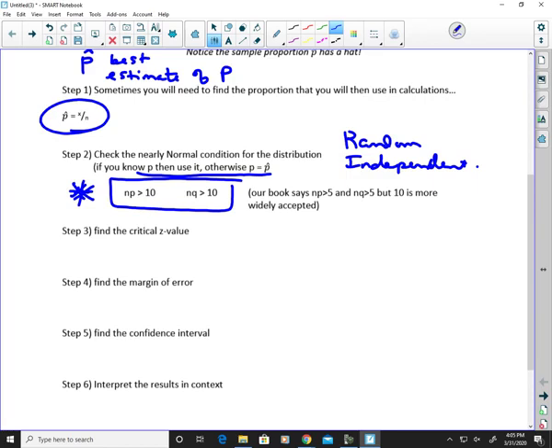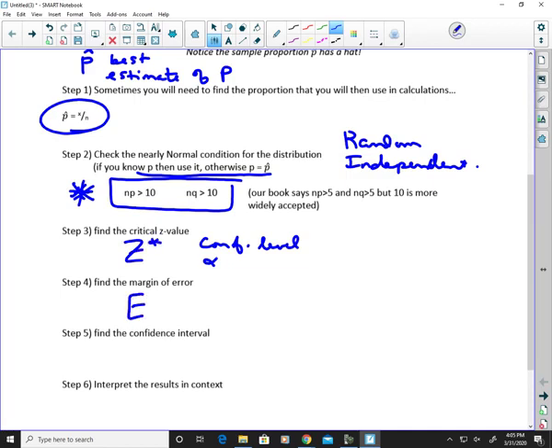Okay, critical z-value. So if we're going to find a critical z-value, we need to know what the confidence level is. So you're going to need your confidence level. You'll need to know your alpha so that you can put it into the equation and find your critical z. You're going to find your margin of error.